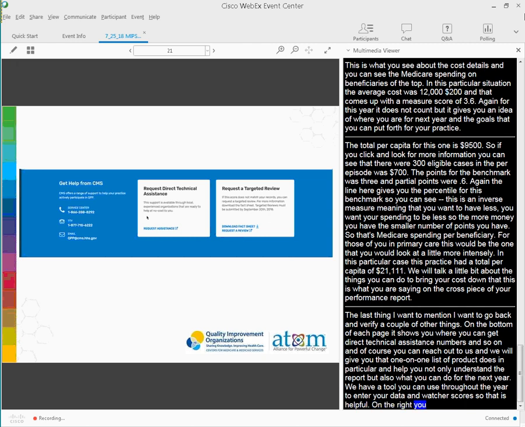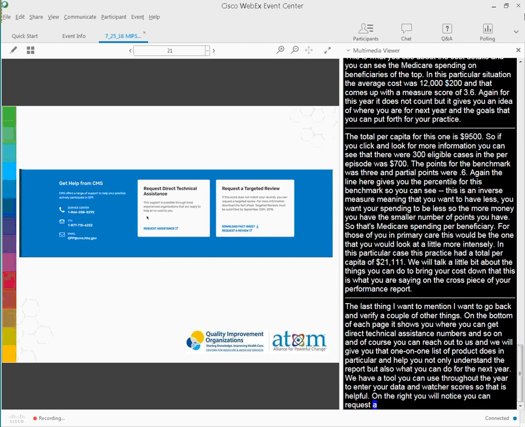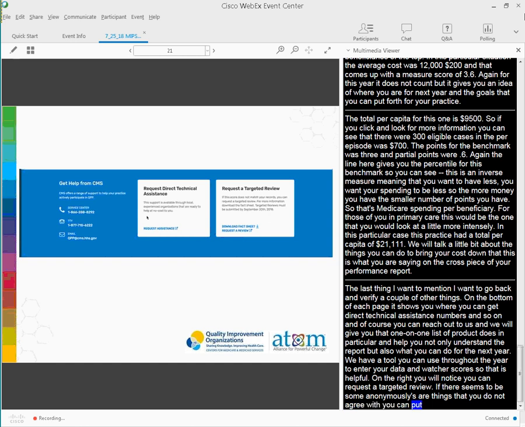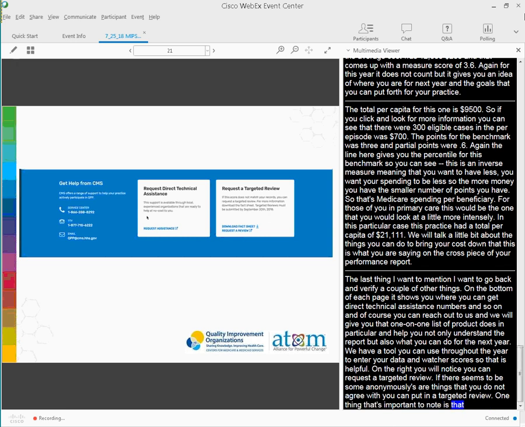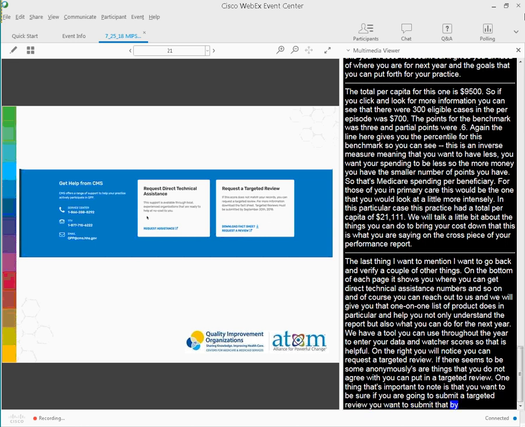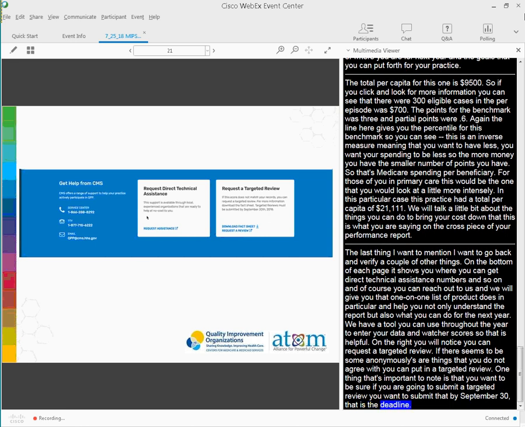And so if there seem to be some anomalies or things that you're not agreeing with, you can put in a targeted review. One thing that's important to note is that if you are going to submit a targeted review, you want to submit that by September 30th. That's the deadline. There are several things that CMS is aware of.